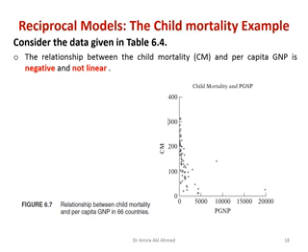This is because, as we see, as per capita GNP increases, initially there is a dramatic drop in child mortality, but the drop gradually becomes less as per capita GNP continues to increase. Thus, let's fit the reciprocal model of 6.7.1 to this dataset.